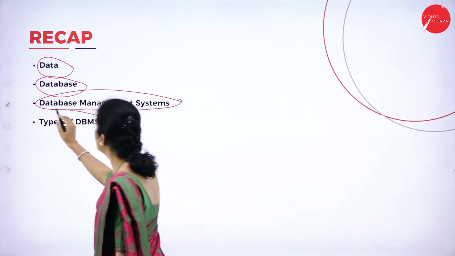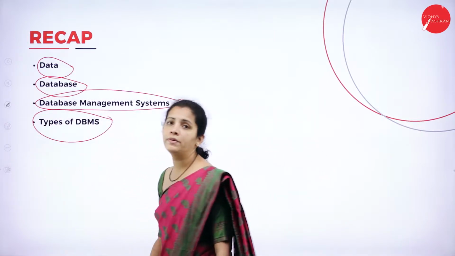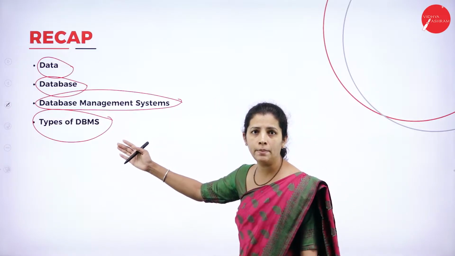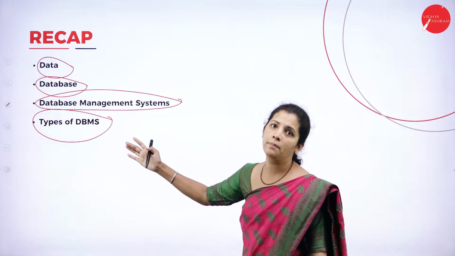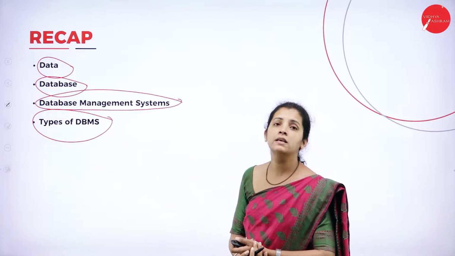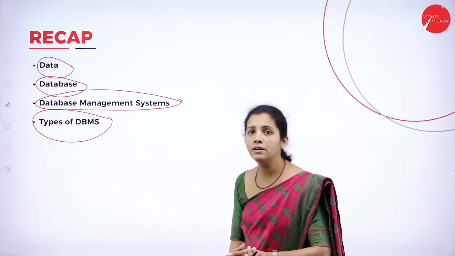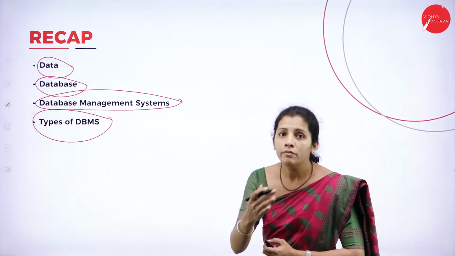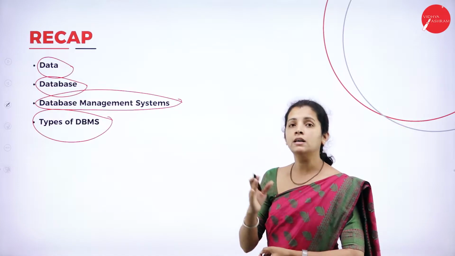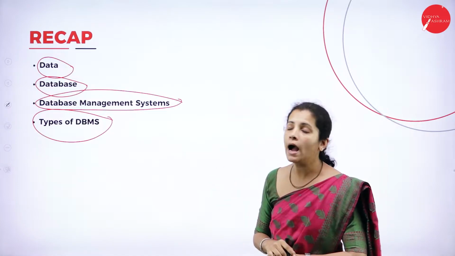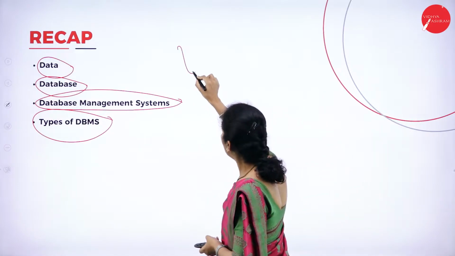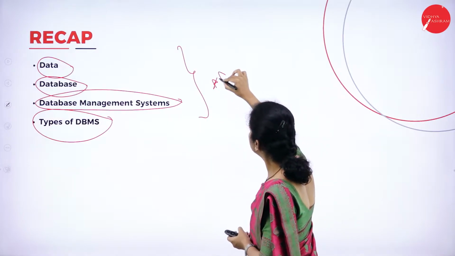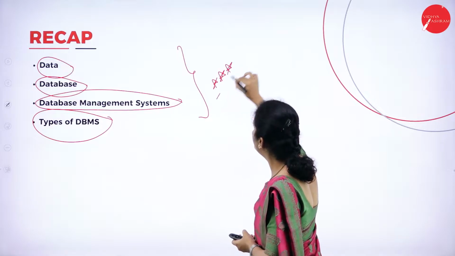Along with that, I discussed the different types of database: relational database, object-oriented database, hierarchical database, as well as network database. All these topics are very important from the examination point of view.